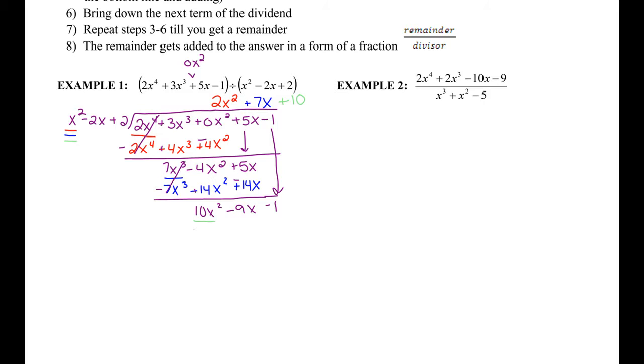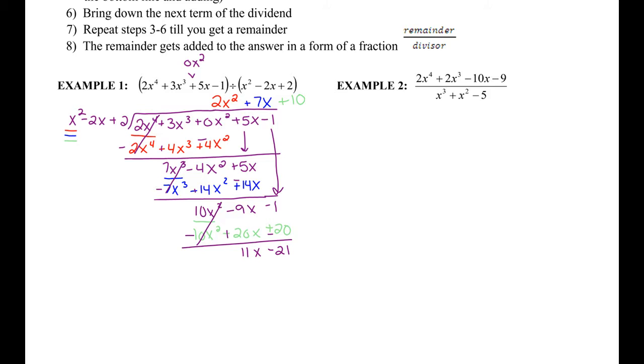I get 10x squared minus 20x plus 20. I'm going to flip all of the signs and add these together. I get 11x minus 21. I cannot multiply x squared by anything to get 11x, therefore we know we're done with the problem.